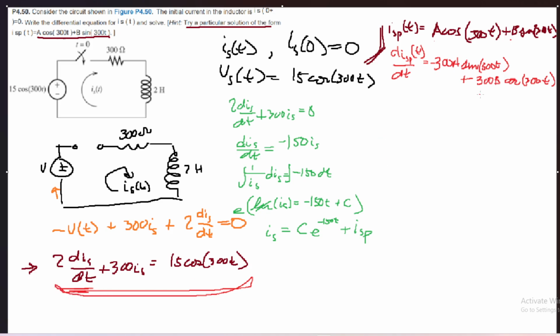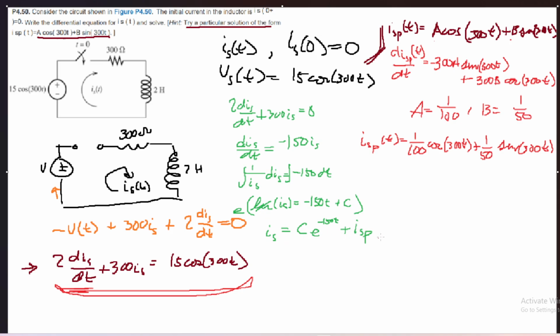But I don't want this video to be too long, so I found a is equal to 1 over 100 and b is equal to 1 over 50, giving us Isp of t is equal to 1 over 100 cosine 300t plus 1 over 50 sine 300t.